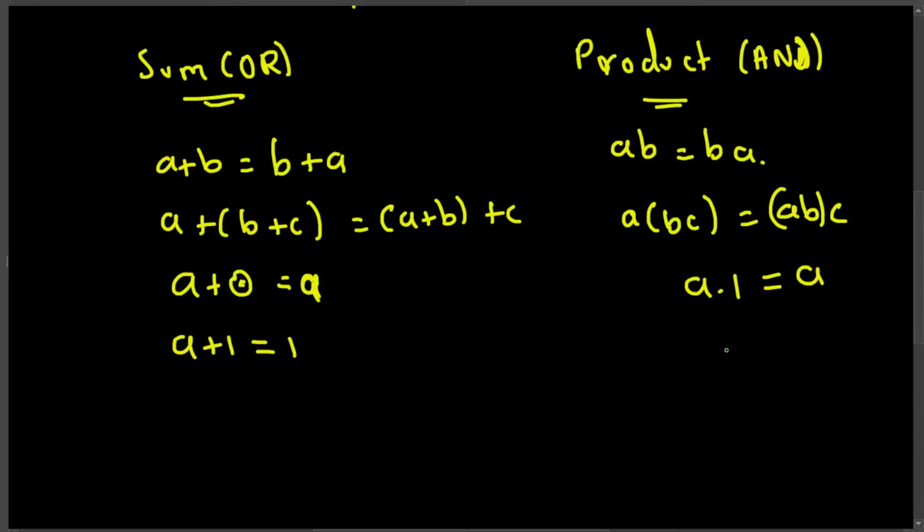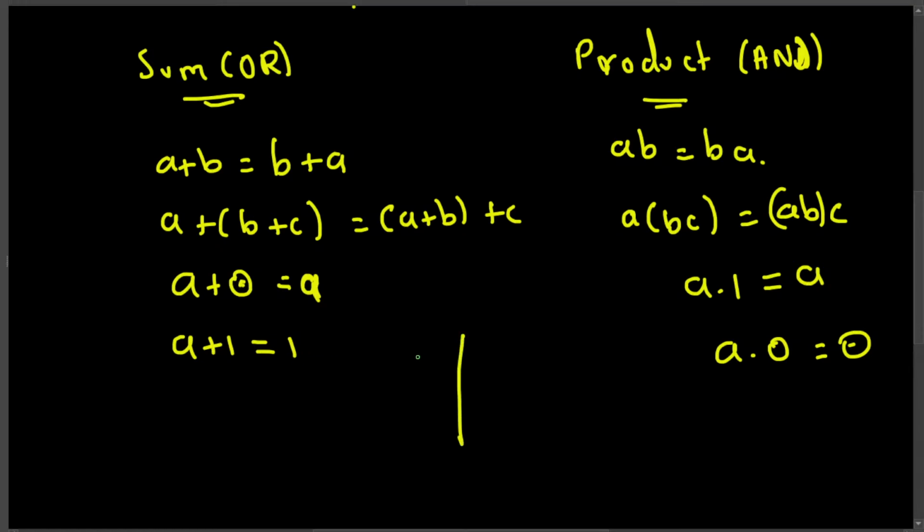And in the product rule, if you have A times 0, that is 0. You can see A times 0 makes sense, but A plus 1 seems a little bit confusing.